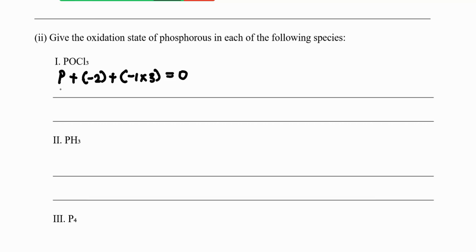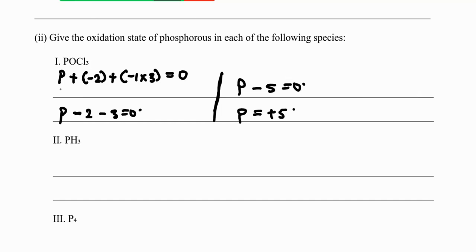So from here we have phosphorus -2 minus 3 equal to 0. So phosphorus minus 5 equal to 0. So the oxidation state of phosphorus is equal to +5. Always include your positive or negative sign.